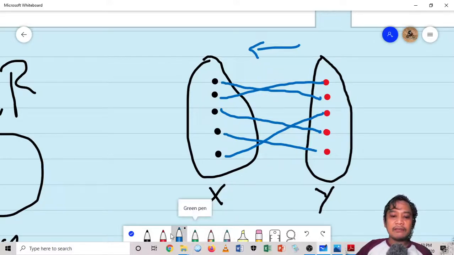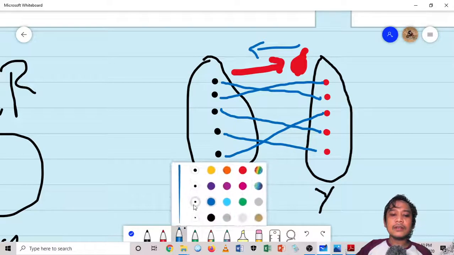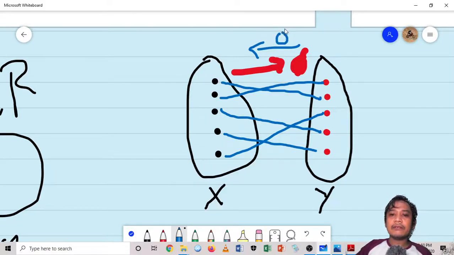That is, if the correspondence from here to here is red, and we call that phi, there would also be a function in the blue direction, and that would be called phi inverse. And that is the notion of inverse functions.